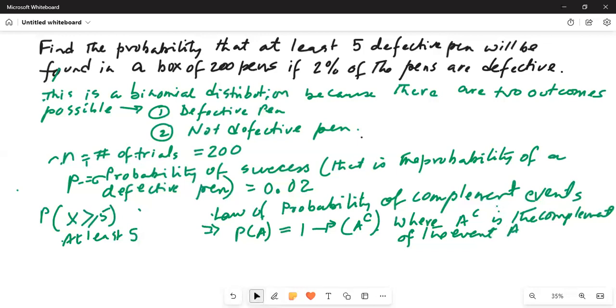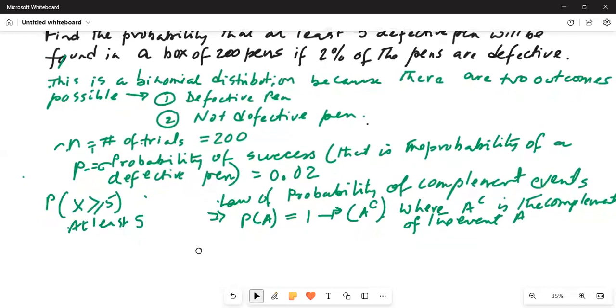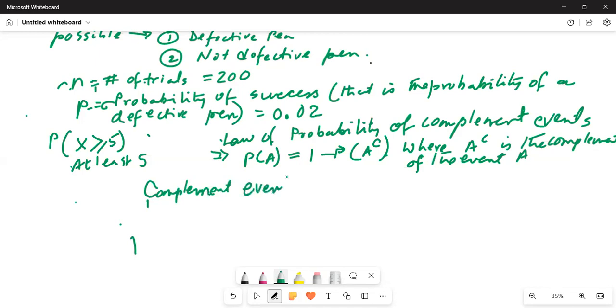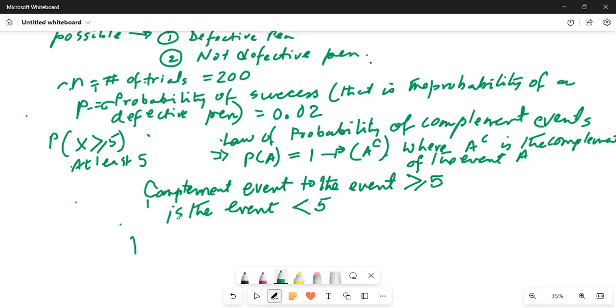So in this case, the complement of the event X greater or equal to 5 is the event X less than 5.